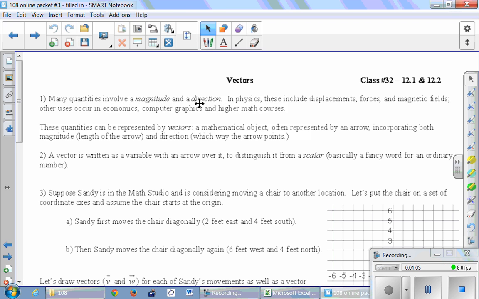And so those two pieces of information together comprise the vector. So again, 55 miles per hour is just a straight number. Scalar is what we're going to call it in a second. But if I say 55 miles per hour east, that has a magnitude and a direction, and we call that a vector. 2, a vector is written as a variable with an arrow over it to distinguish it from a scalar, which is basically a fancy word for an ordinary number.